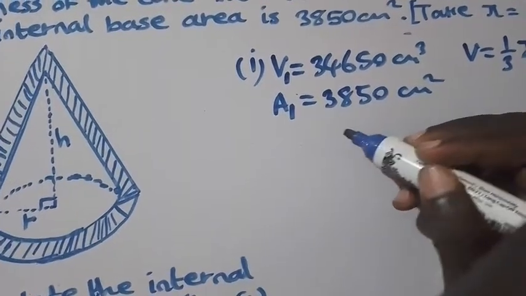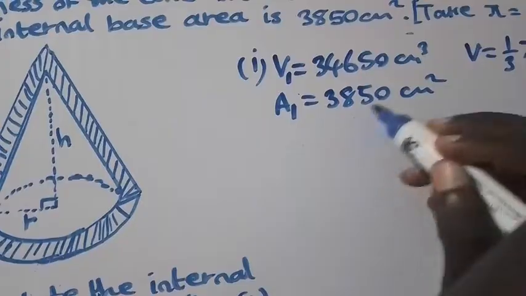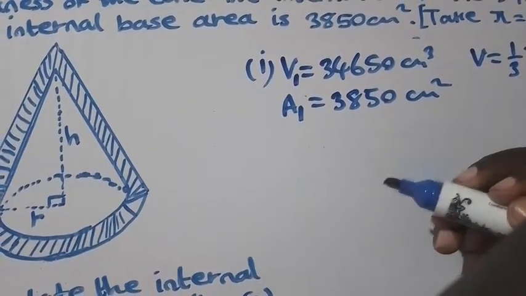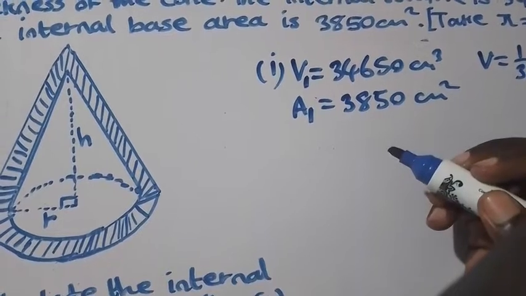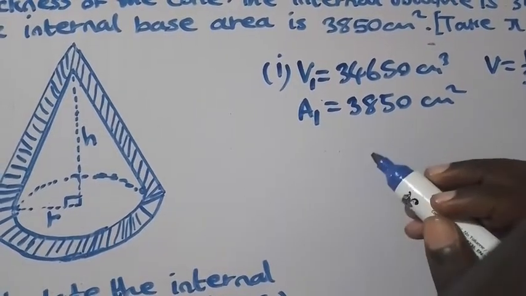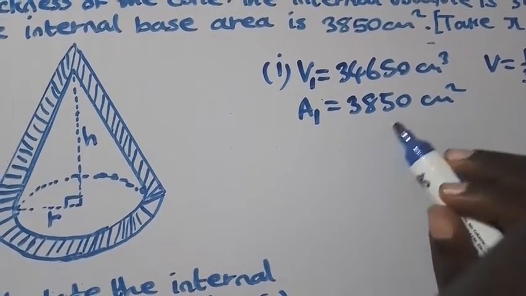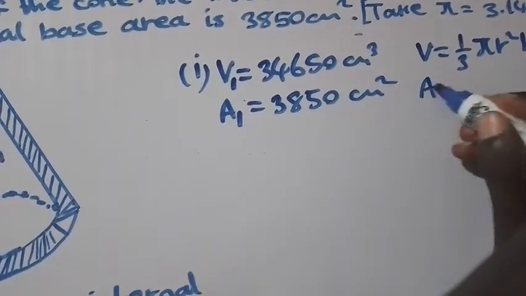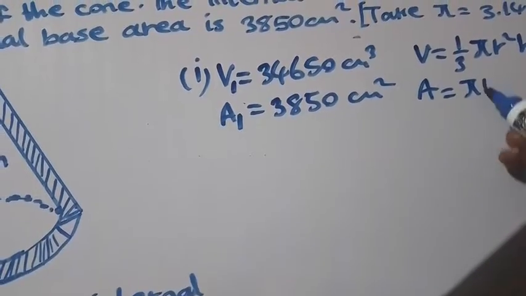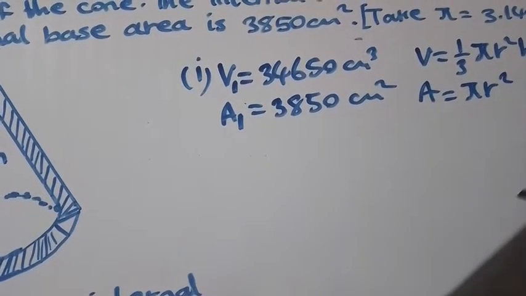Then area, the base area of the cone. So, cone, it is circular in structure. So, how do we calculate area of the circle? So, area of the circle is calculated by pi r squared.